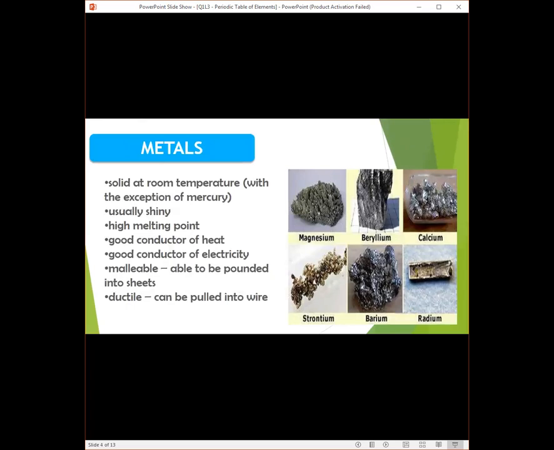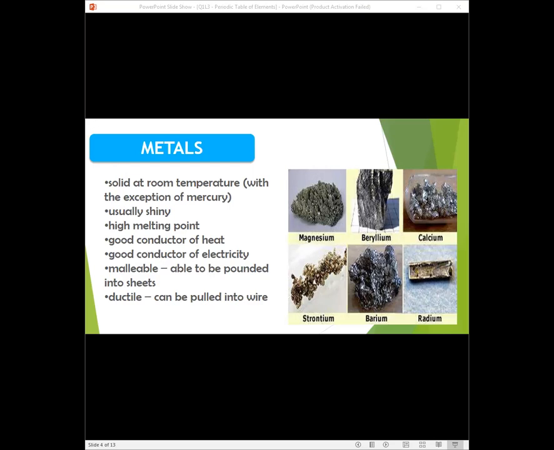Metals are elements that are solid at room temperature. Mercury is an exception, since it could maintain its state of being liquid even at room temperature. Metals are usually shiny. That's why we could use them as materials for making jewelry.